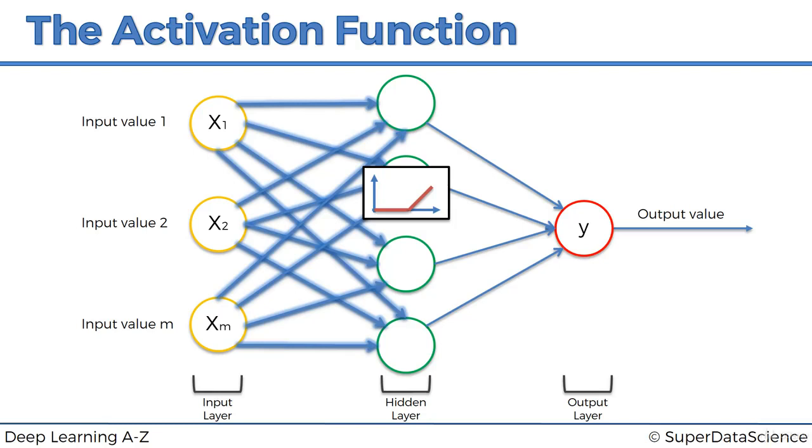Then from there, the signals would be passed on to the output layer, where the sigmoid activation function would be applied, and that would be our final output, and that could predict a probability, for instance. This combination is going to be quite common, where in the hidden layers we apply the rectifier function, and then in the output layer we apply the sigmoid function.